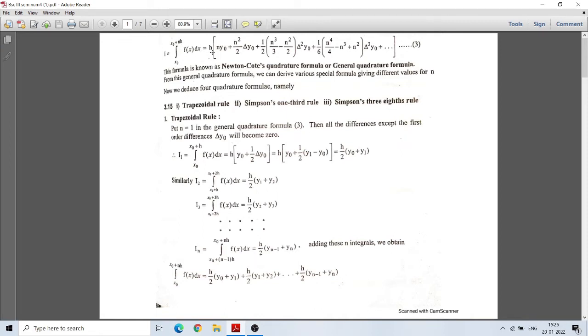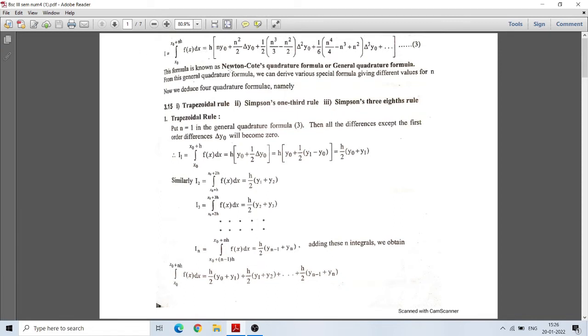How do we get this h? We know that x is equal to x naught plus ph, so p is equal to x minus x naught by h. That means if x is equal to x naught plus nh, then p is equal to n.